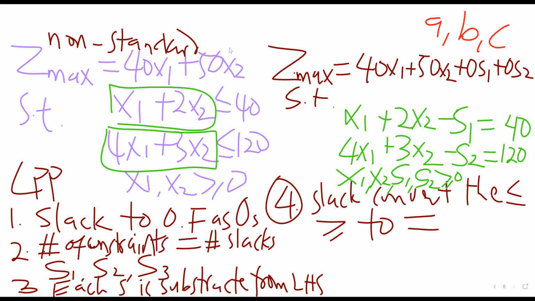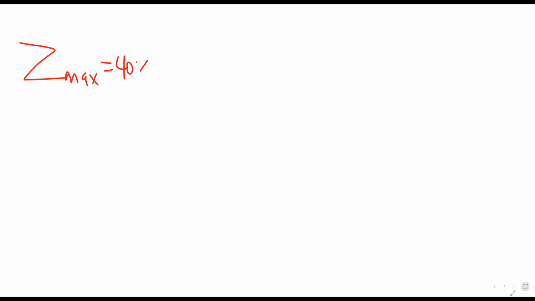So let me just remind you of a few things. The corner point. In order to calculate the slacks at each of the corner points, you have to remember the equation. Let me rewrite the equation all over again. The equation is 40x1 plus 50x2.